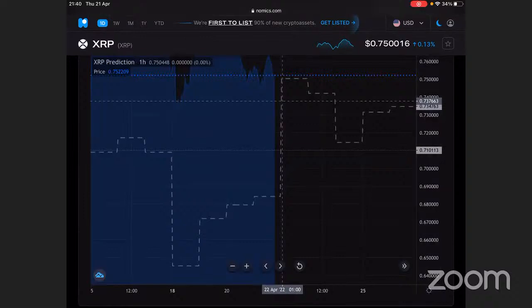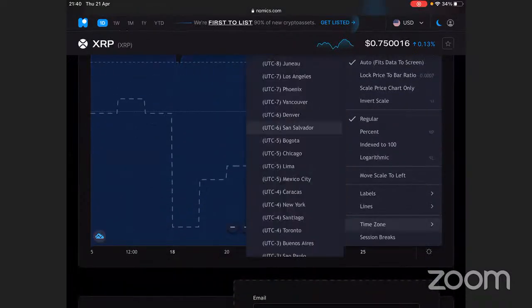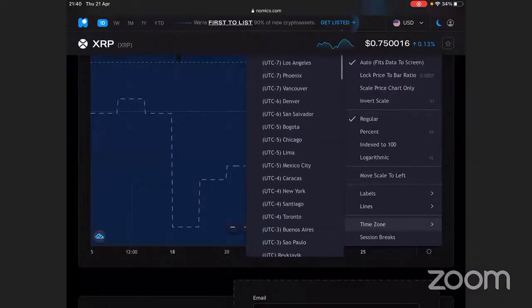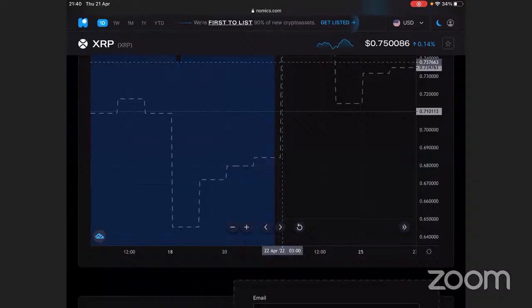But first of all, before you do anything, you have to adjust your time zone. For me, I use the Johannesburg time zone so that it gives me a proper time. Here Nomics is predicting that today, 22 April.